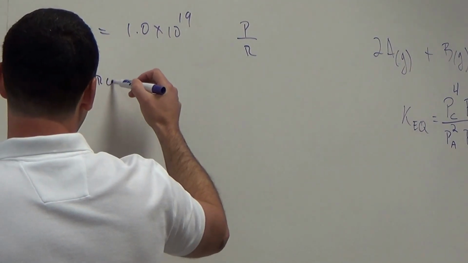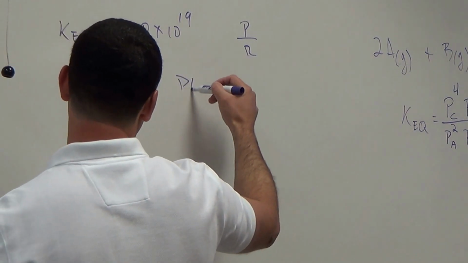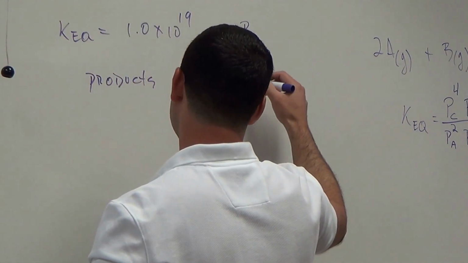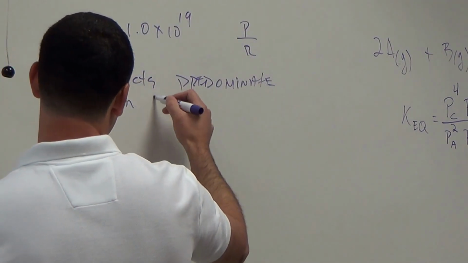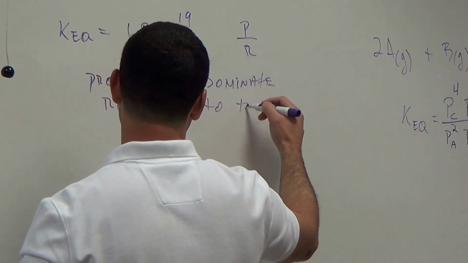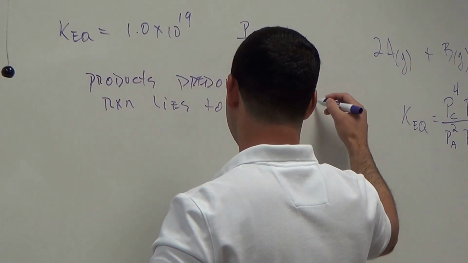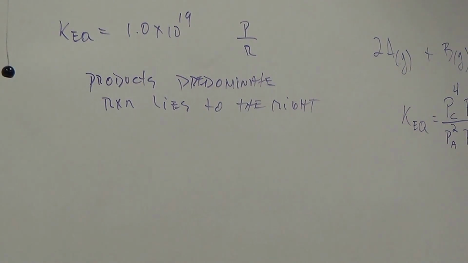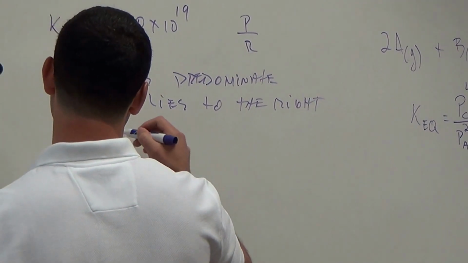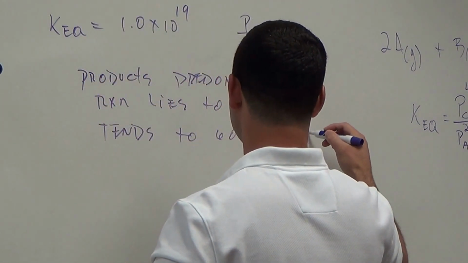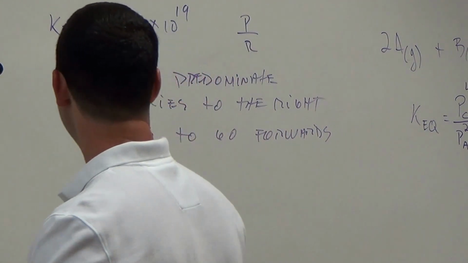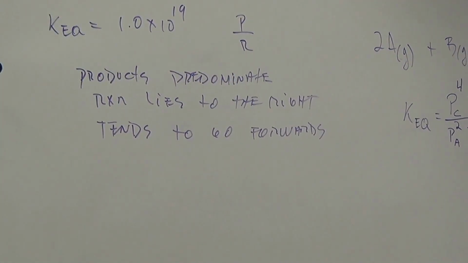We're gonna say products predominate. Or we're gonna say reaction lies to the right, because the right is the product side, yes? Or we're going to say reaction tends to go forward.